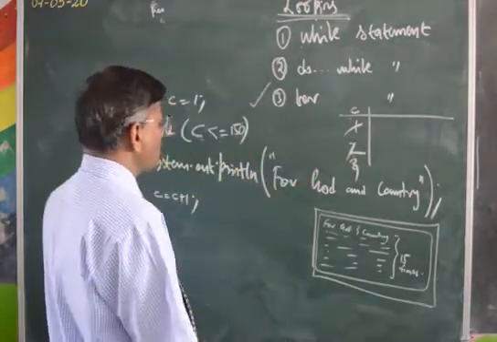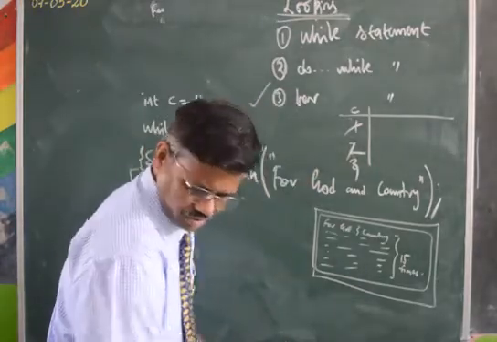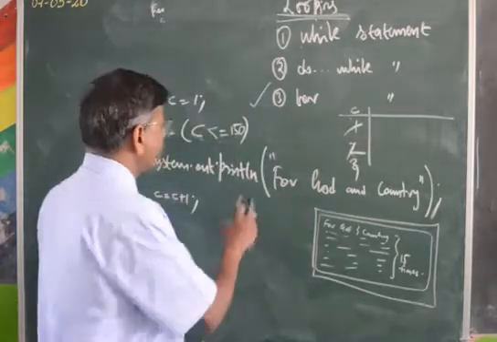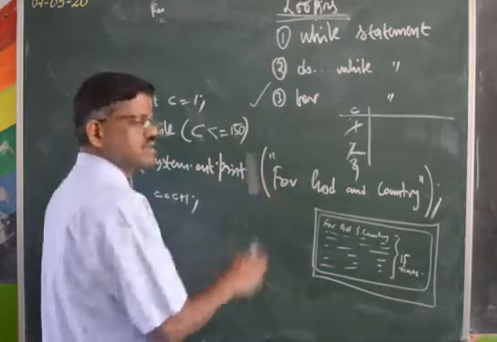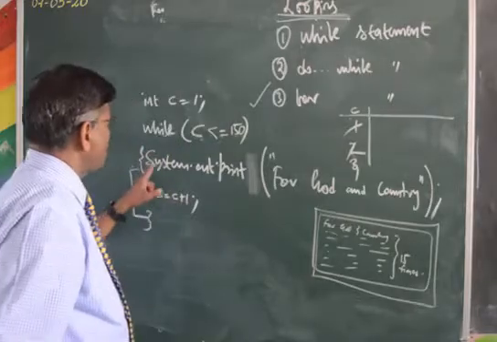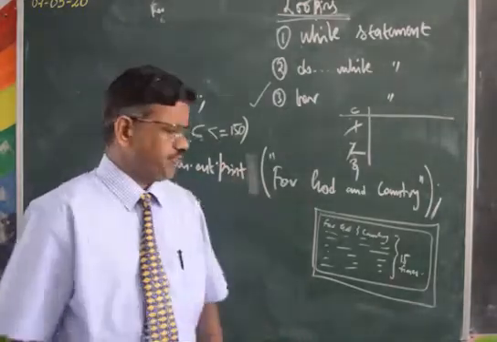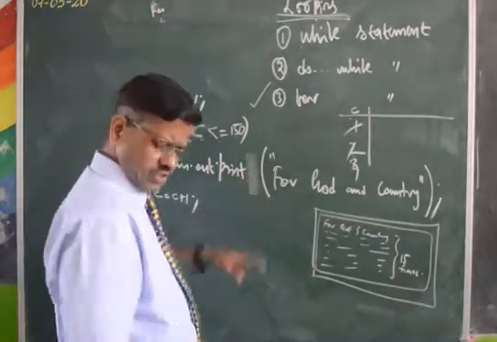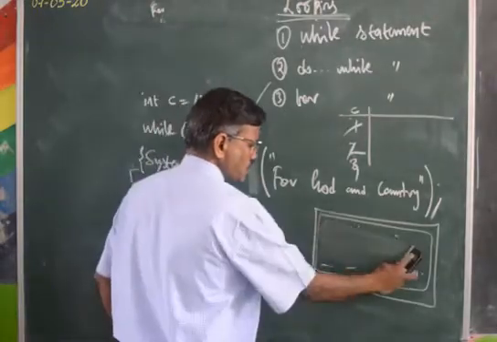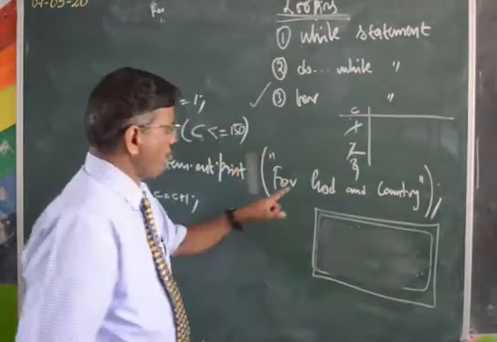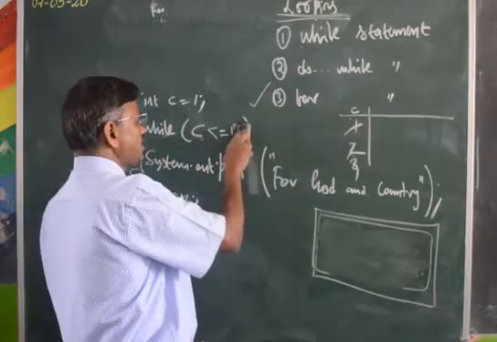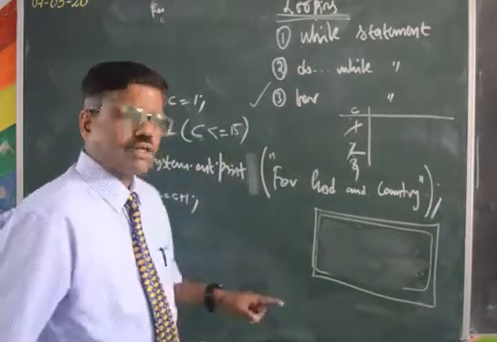Now what happens if I do not give this statement, which one is that? If I do not give this, instead of System.out.println, ln means new line. If I do not give this, what does it do? Same, for God and country gets displayed 15 times, but not on separate lines.